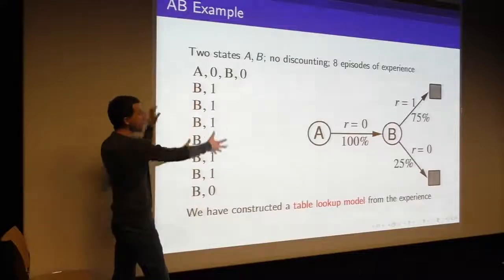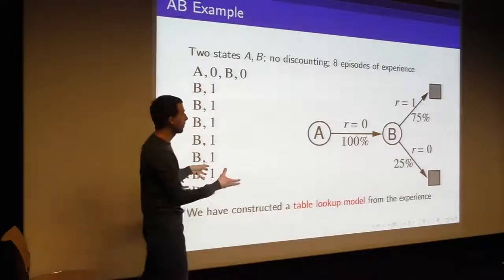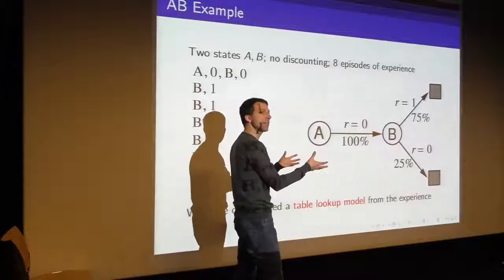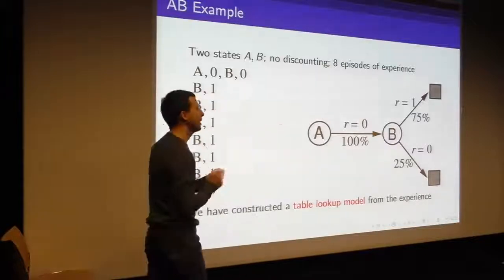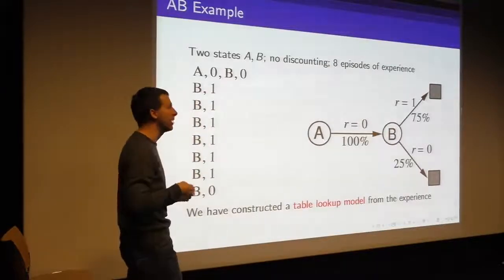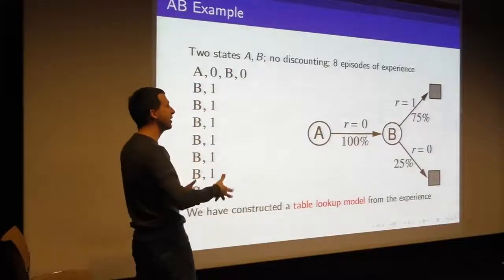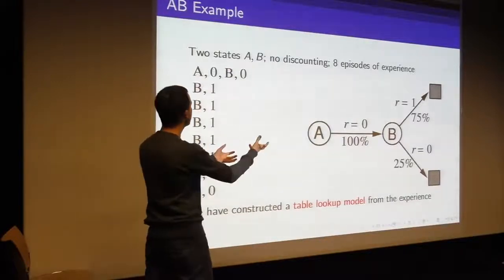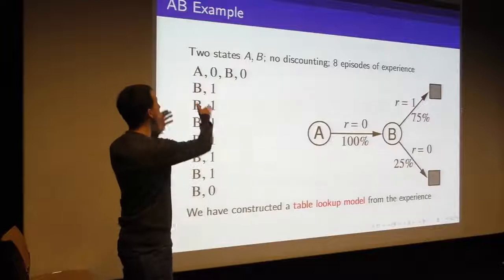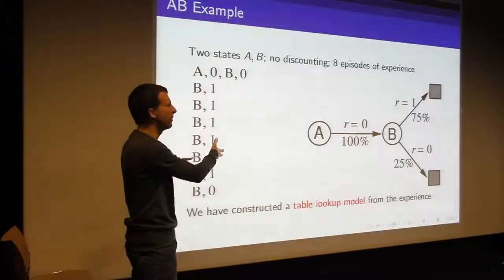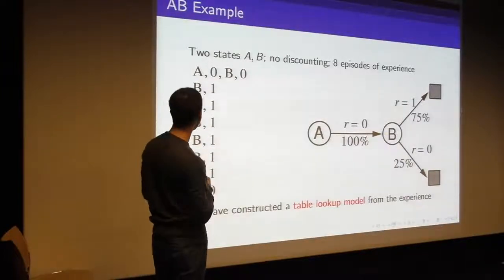We can take this experience, and as we did before, we can build a model from it. This is what TD was kind of doing implicitly. Now we're making that explicit. We're explicitly building the table lookup model that corresponds to these counts and these rewards that we've seen. All we need to do is count.